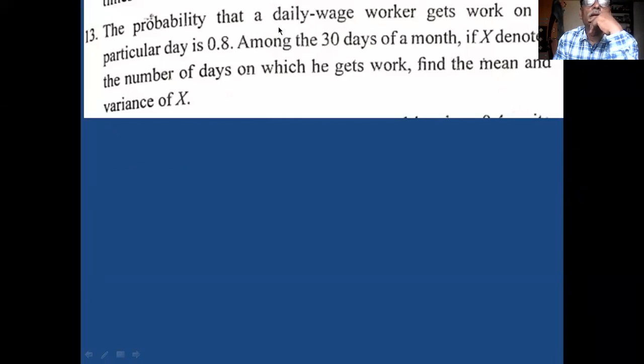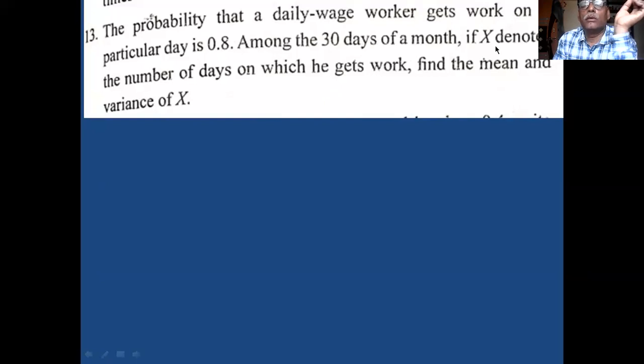The probability that a daily wage worker gets work on a particular day is 0.8.